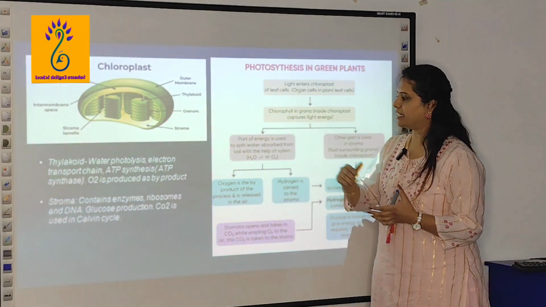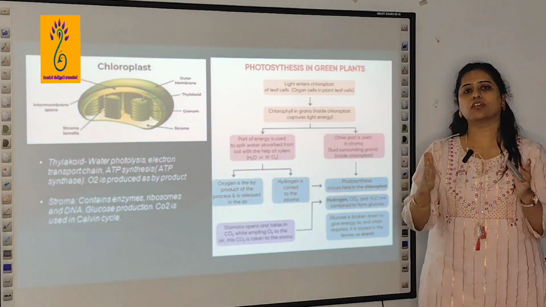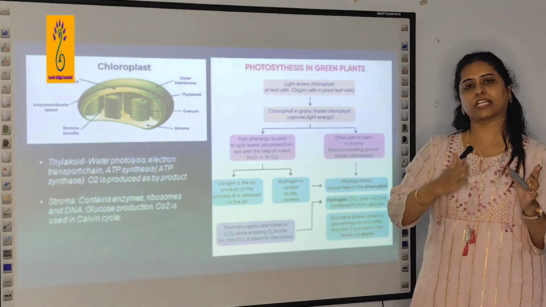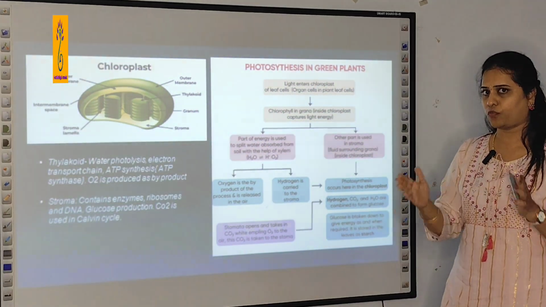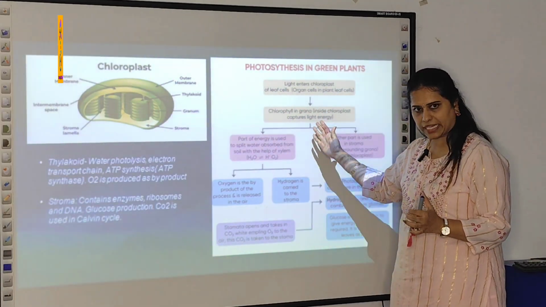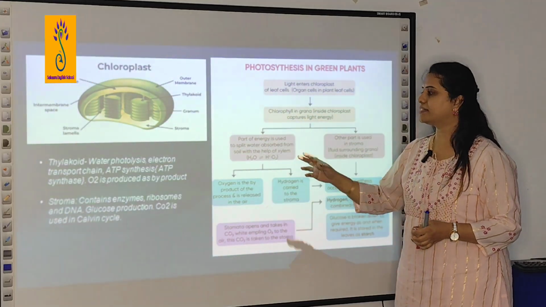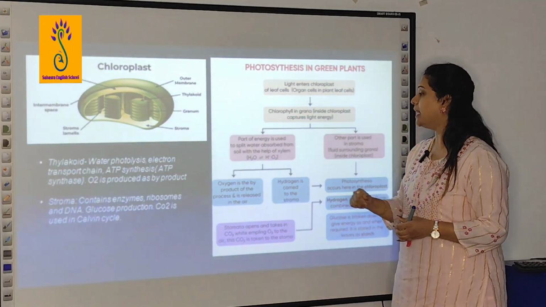So a part of the energy is used. The next event is that the water molecule is split into hydrogen and oxygen. I told you, splitting of water molecule. The part of energy absorbed by the chlorophyll is used in splitting of the water molecule.